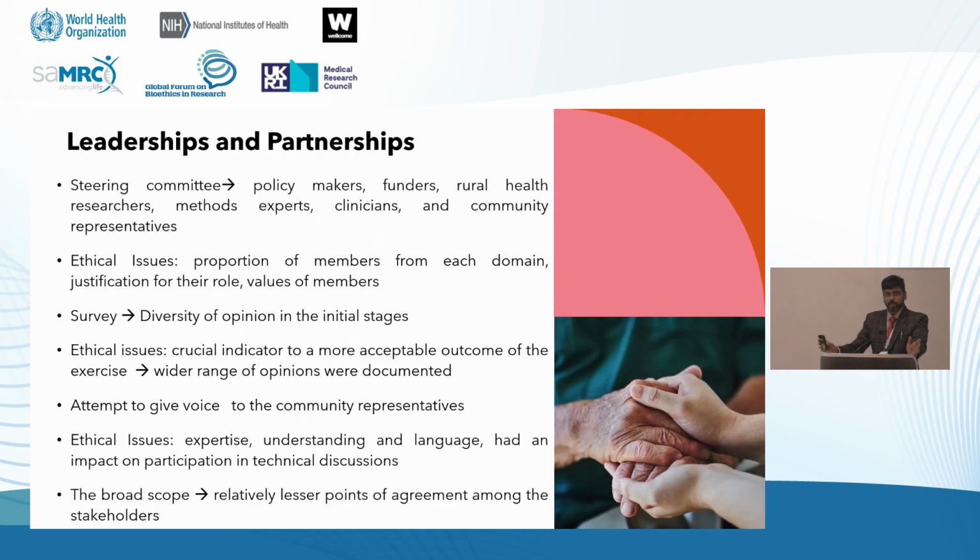So now let me go through the ethical issues, because the methodological aspect, Toto has already gone through the James Lind Alliance approach, and I think Zelalam will go in further detail on the methods of that.